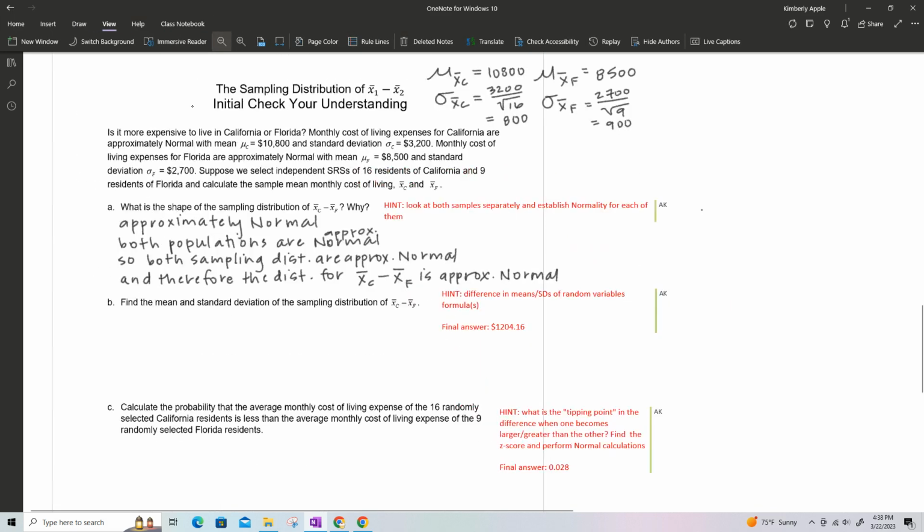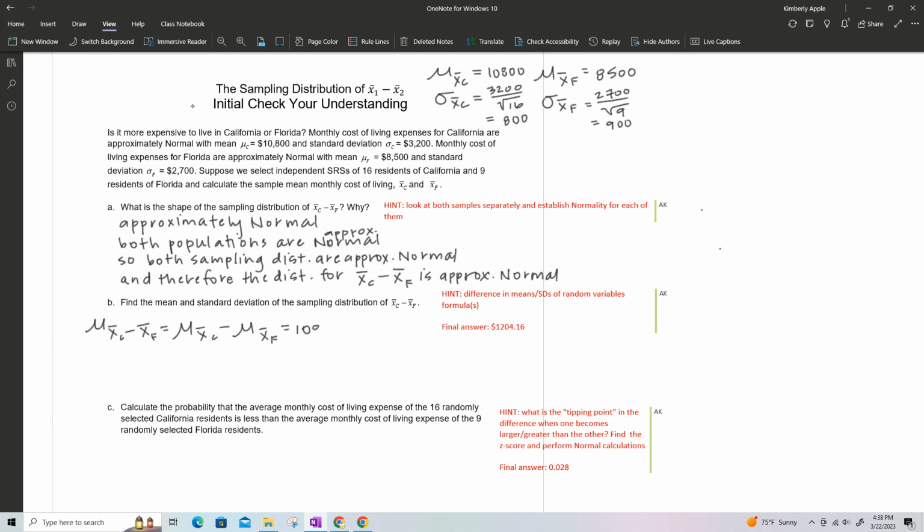And so in order to do that, we have a couple of formulas that we can use. So remember, there's some formulas on your formula sheet, but we can also use the fact that these are random variables essentially, and they behave in that way. So the mean of the difference is just the difference of the means. So the mean of the sampling distribution of California minus that of Florida.